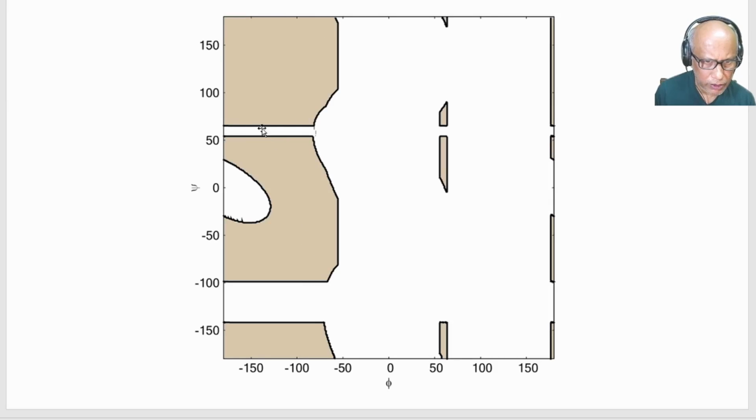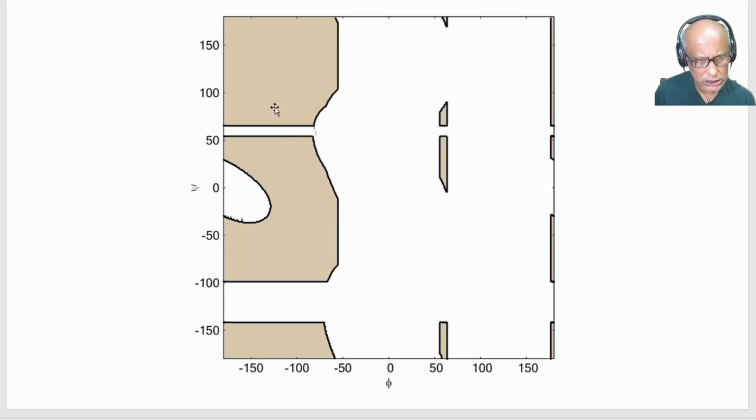Now, there is a narrow band out here which is disallowed. Ramachandran, in one of his articles, writes that if one adjusts the extreme limit by a very little amount, as little as 0.3 angstrom, then this also becomes allowed.